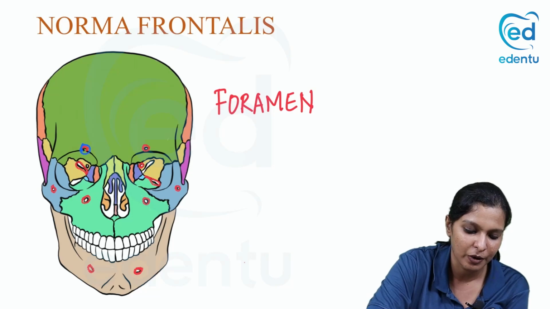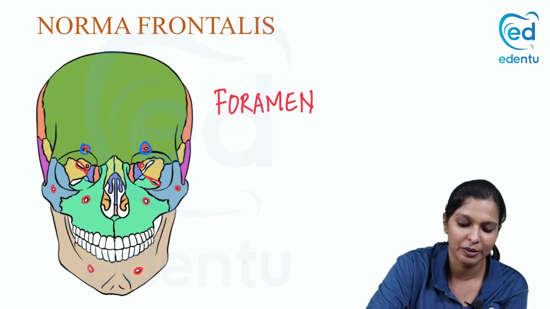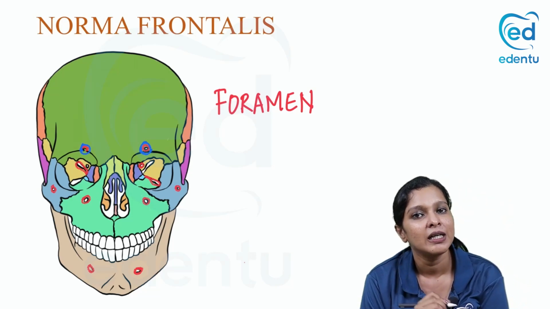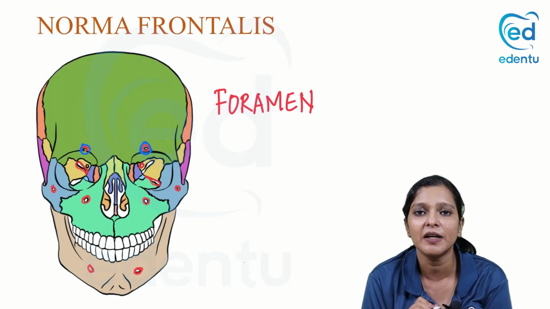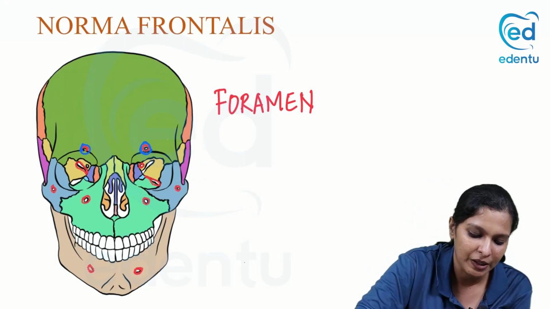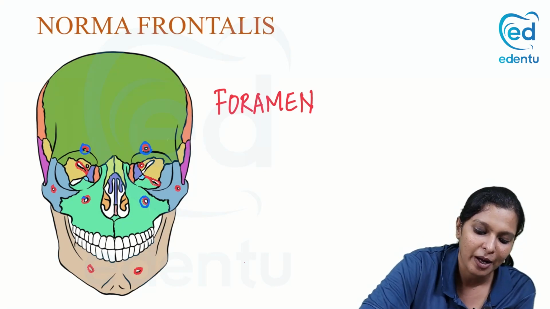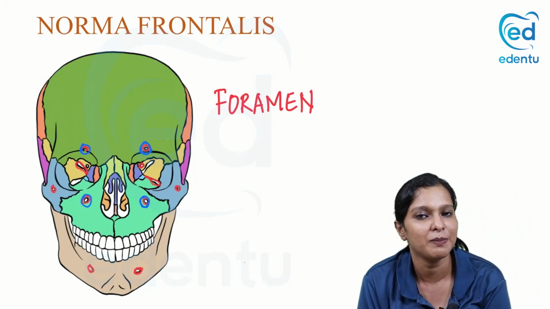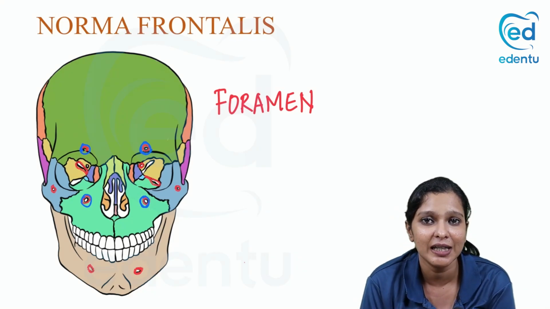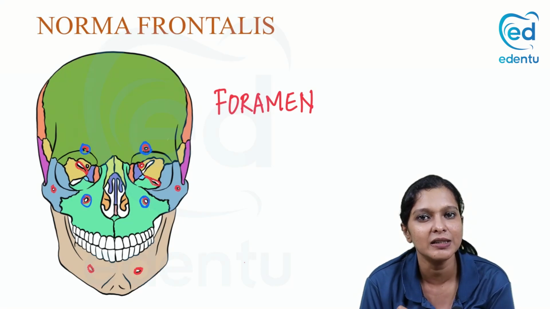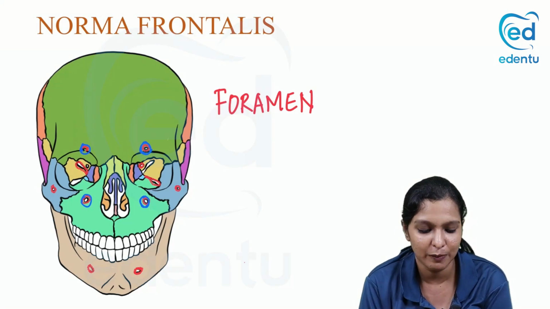So this is the supraorbital notch and supraorbital foramen. Through that, the vessels and nerves of the same name, supraorbital nerves and vessels, will pass through. Similarly, through the infraorbital foramen similar structures pass: the infraorbital nerve and infraorbital vessels, or infraorbital artery and vein. Together they are just called infraorbital vessels. They will pass through.